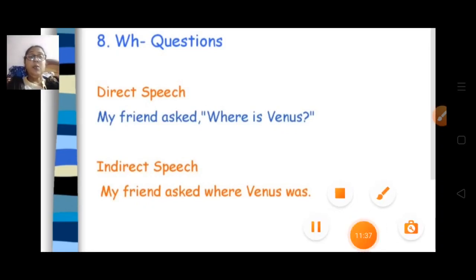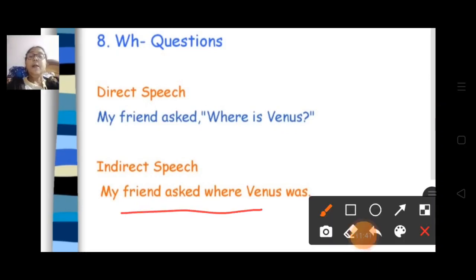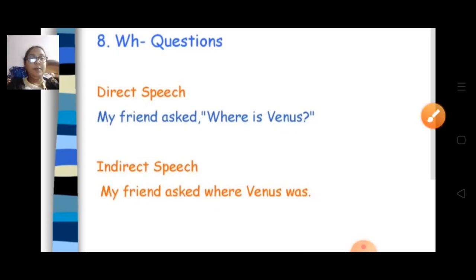So here you can see how to make the sentences when the direct speech is given with who, where, which, whom. These types of question words will be there. So we will make this indirect speech, my friend asked where Venus was.